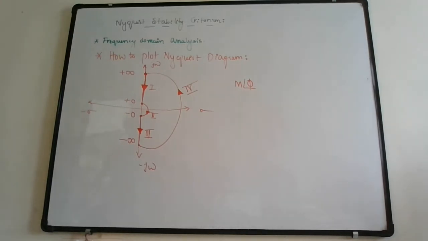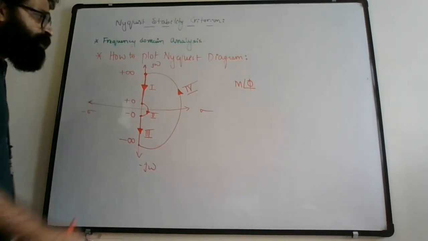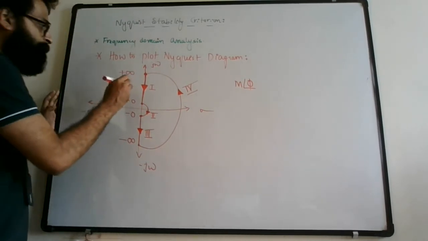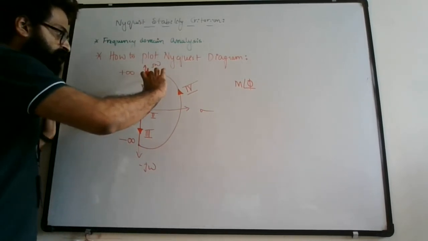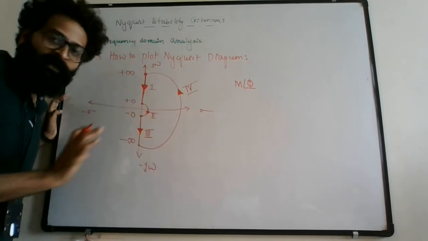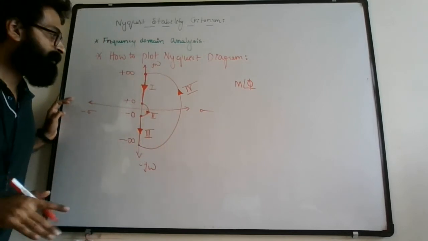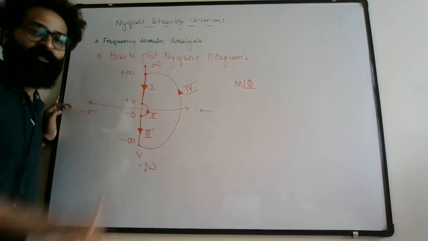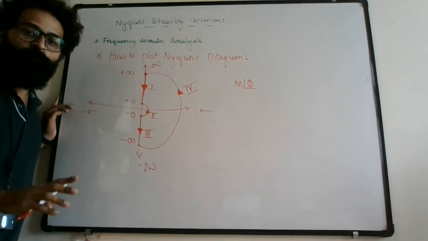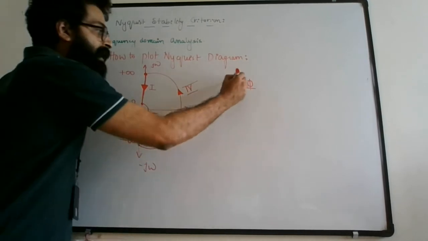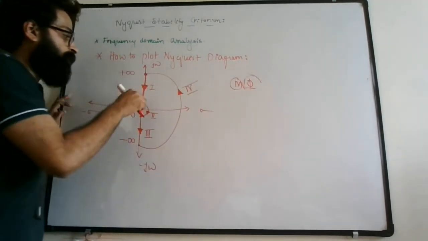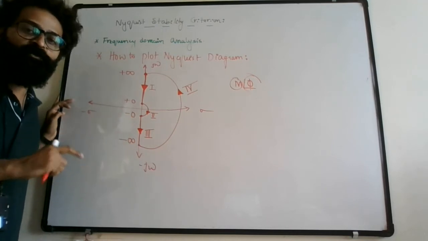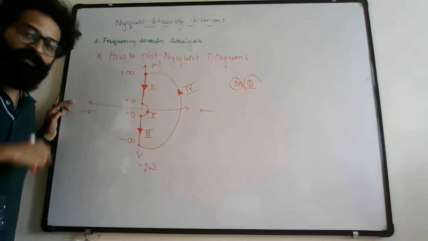Now, fortunately, we don't have to do so much variation. If you inspect very closely, section 1 and section 3 are actually the same. Section 3 is nothing but the mirror image of section 1. So all you have to do is determine the magnitude and phase angle for section 1 alone, and section 3 can be simply drawn as its mirror image.